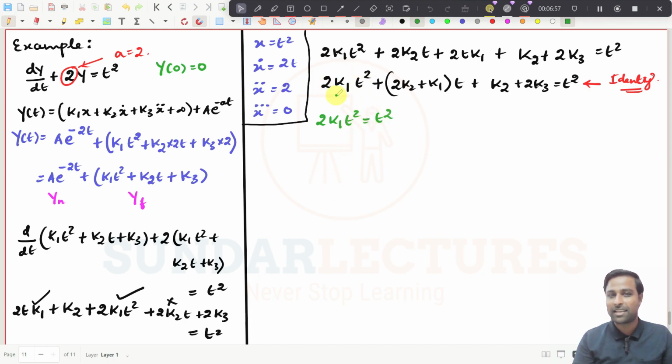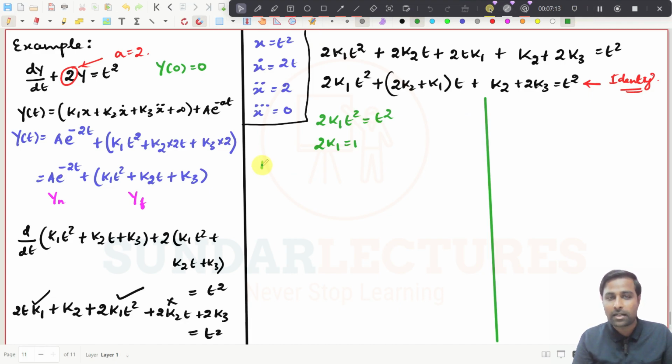Thus you can relate this to the right hand side. So t square will be cancelled out, and you will get 2k1 equal to 1, and I can write k1 as 1 by 2. I have found what is k1 directly.